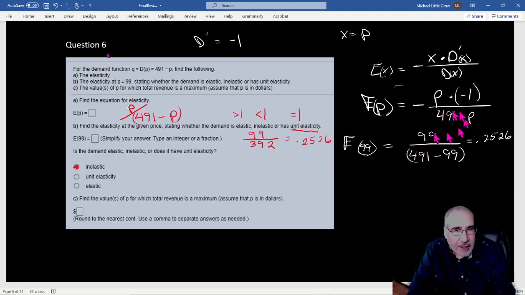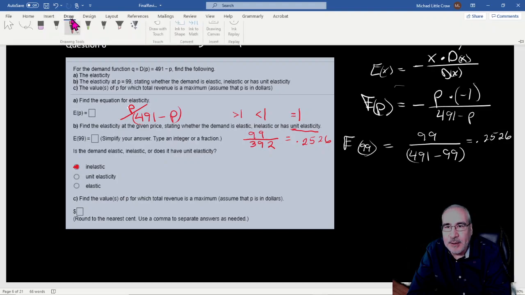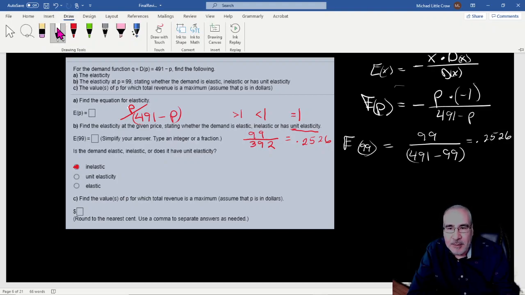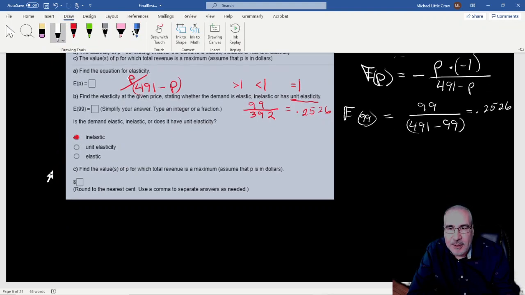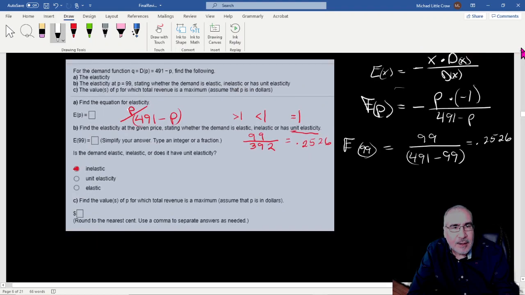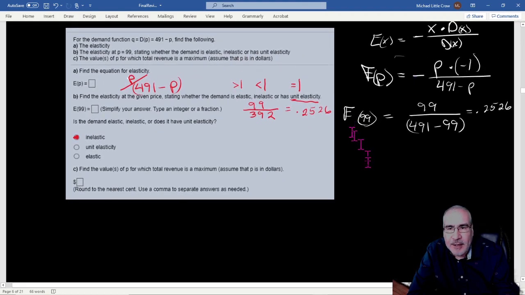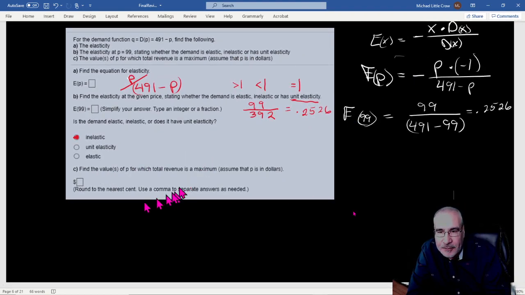So we take our E of P. Always make sure you have enough room to work. Let's move this up a little bit. What we want is our elasticity to be equal to 1.